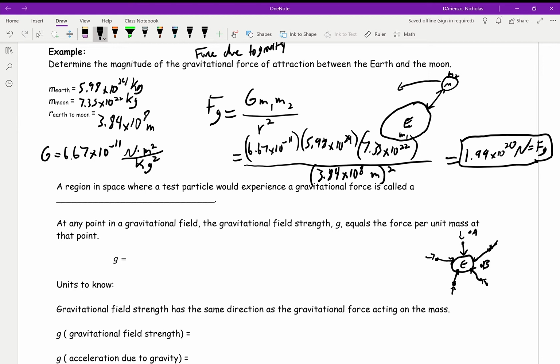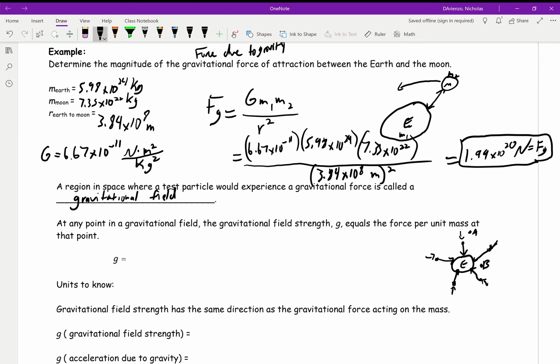So I guess to start here, if we consider points A or B, let's call them test particle A, test particle B. So if we consider a region in space where A or B would experience some type of gravitational force, such as around Earth, we call that a gravitational field. That's anywhere where some type of particle that has a mass would move in the direction of the force.